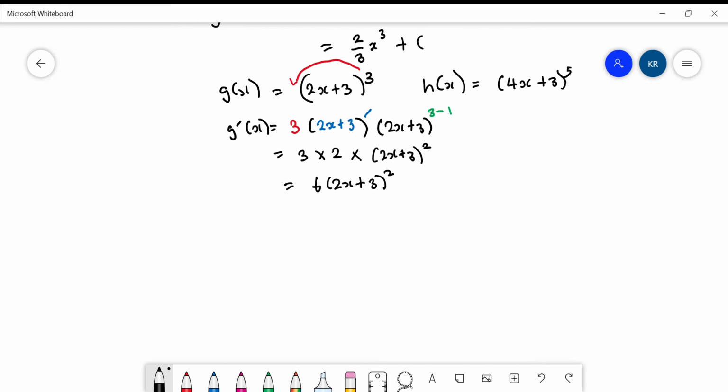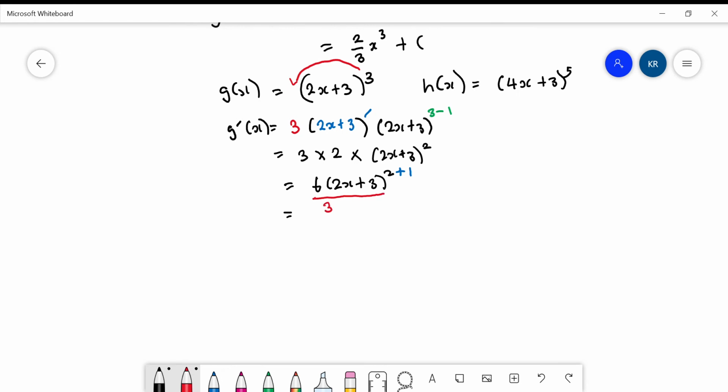So when we integrate, the first step which we would do is we would add 1 to the power. So here, if we are integrating this, we would add 1 to the power there, and then after that we would divide by the new power, which is 3.